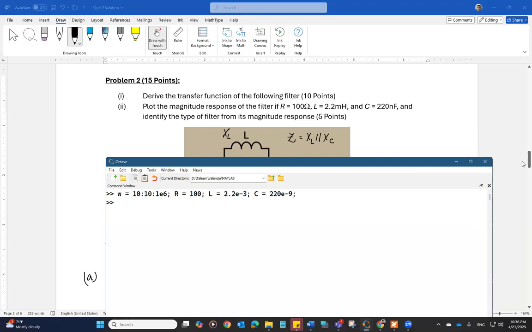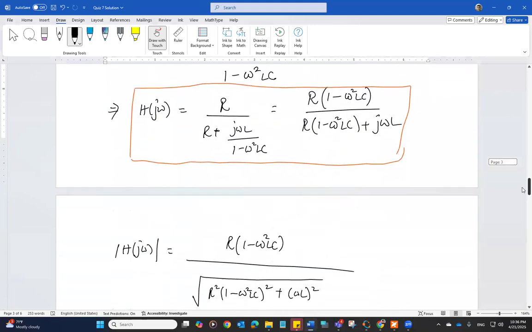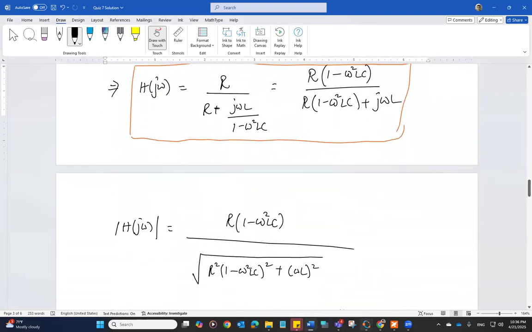And then I'm going to go ahead and write down my transfer function quickly.